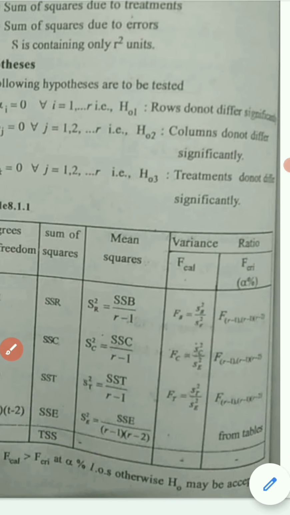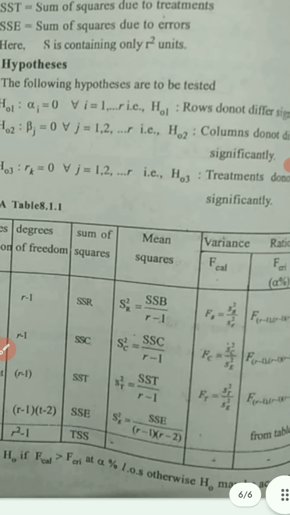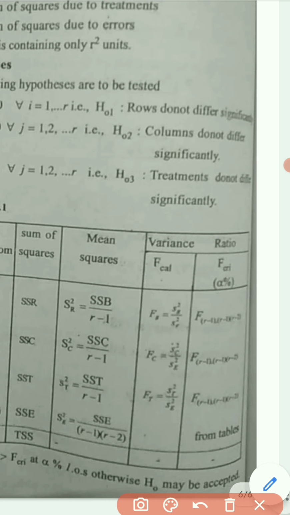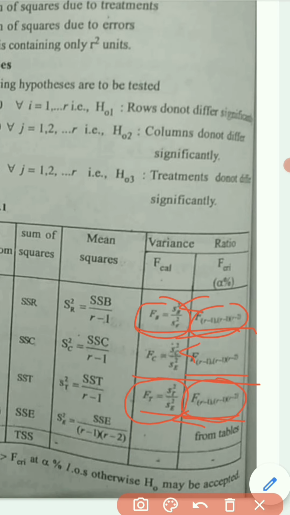All these three are coming here. So, students, if you have the calculated value, any calculated value less than this value, accept H0 for row wise. Again this for column wise. Then again same thing for treatment wise also. If this calculated value is less than the table value, accept H0, otherwise reject H0.